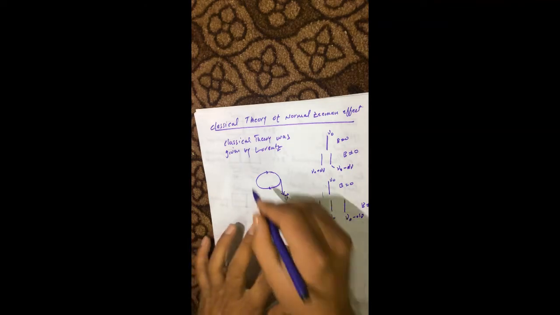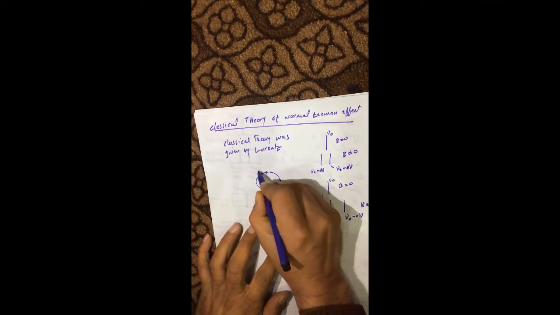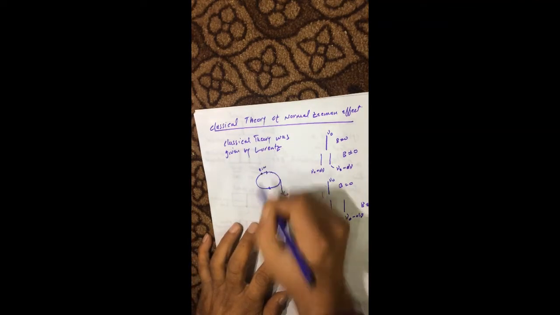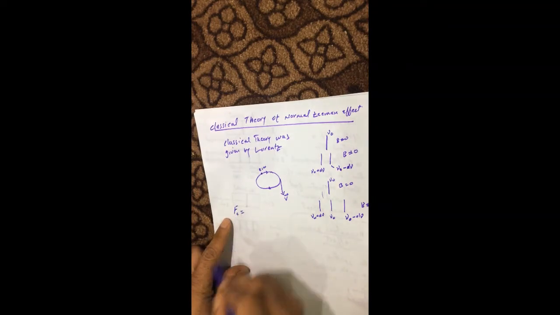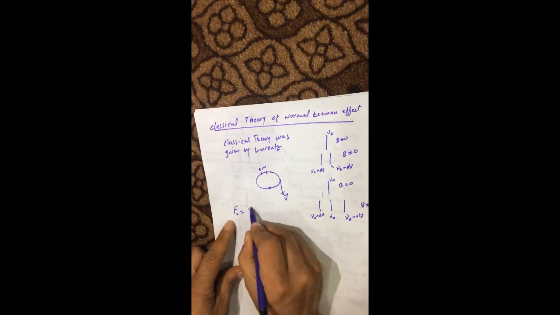Now I consider this electron's charge is e and its mass is m. Now this electron is moving in the circular orbit, so the centripetal force required for the electron motion is given by Fc, which is equal to m v square over r.